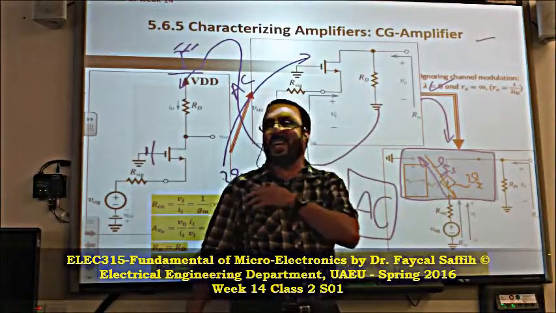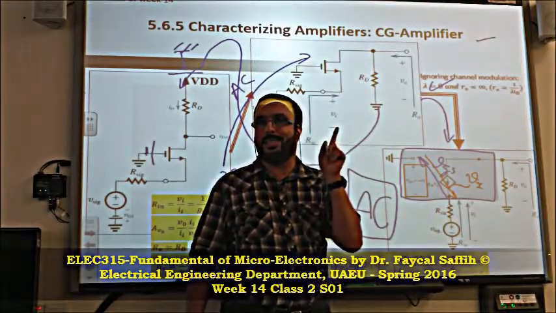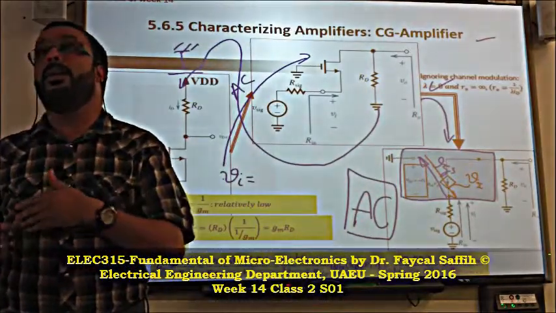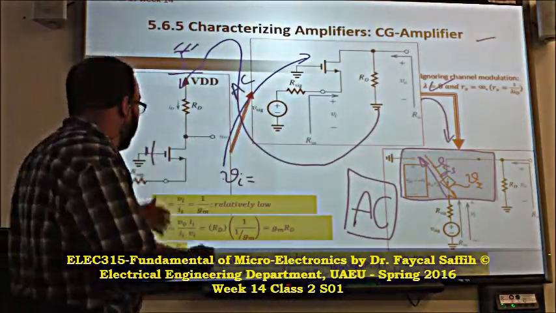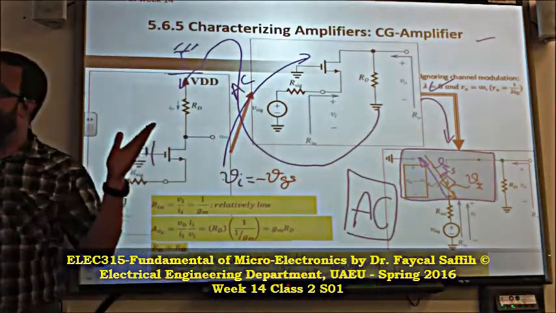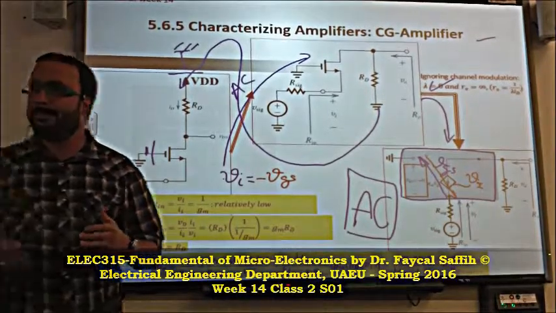So Vin and VGS are reverse, opposite to each other, with a minus. So Vin is actually minus VGS. As simple as that. Clear?